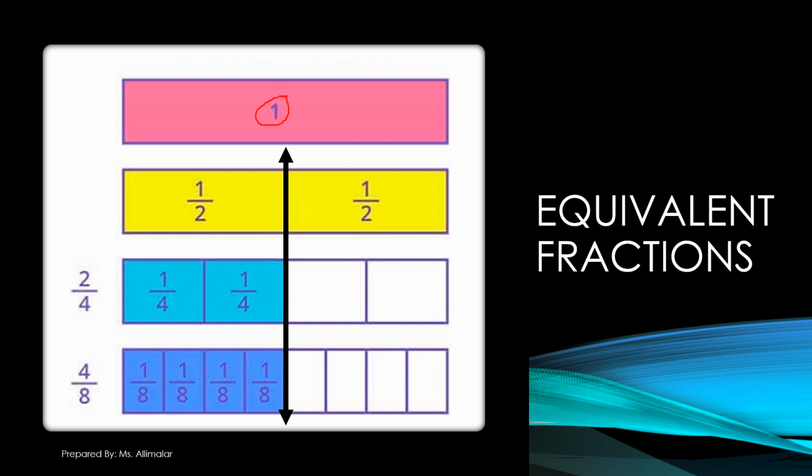Now, you have only one bar, which is this one. How if you cut this pink color bar into two? If you cut into two, which means you cut into half. So if you cut into half, the bar will be like the yellow color bar.